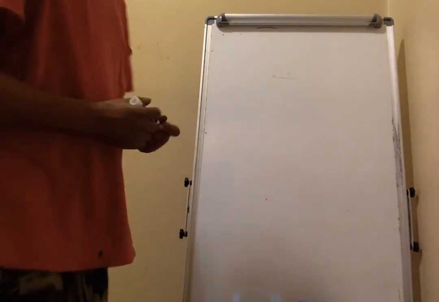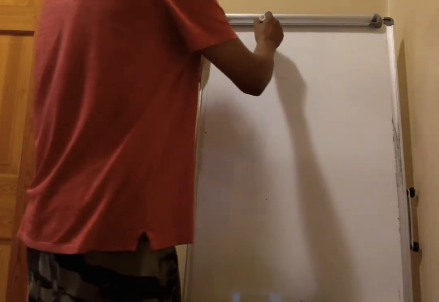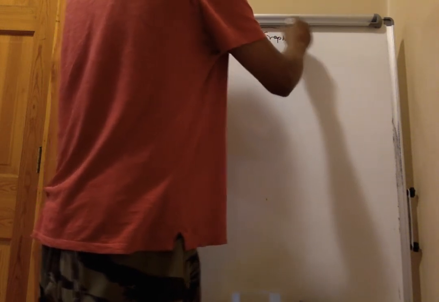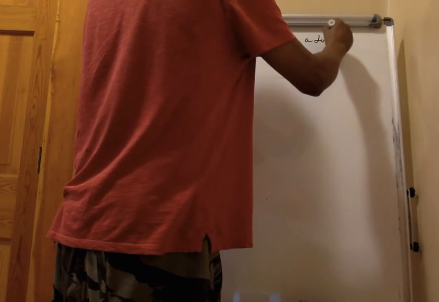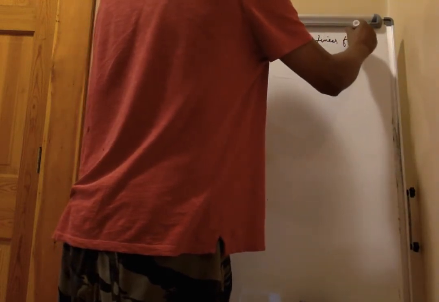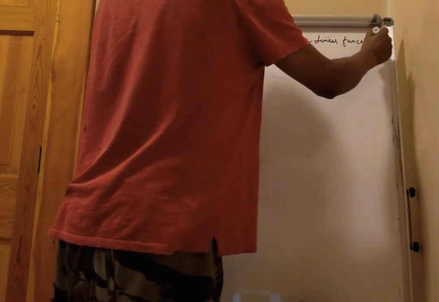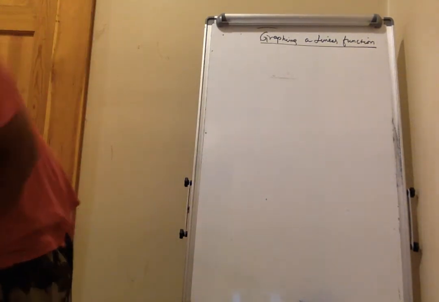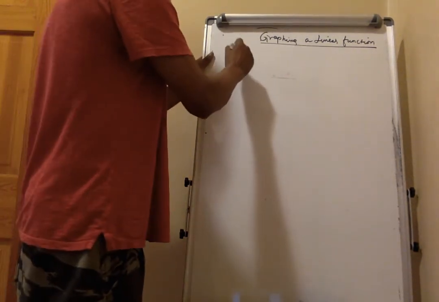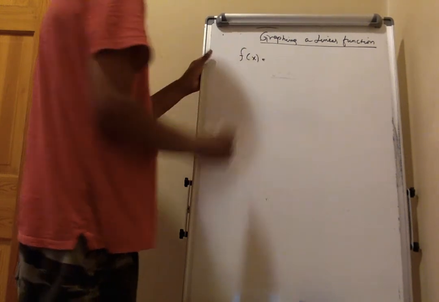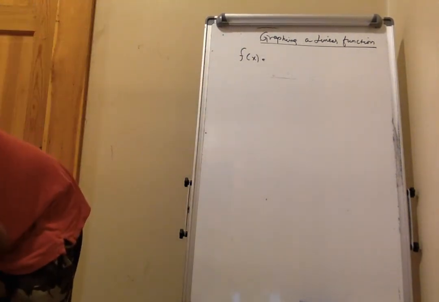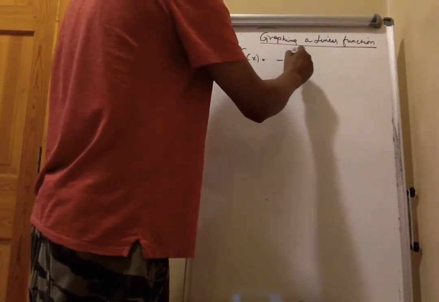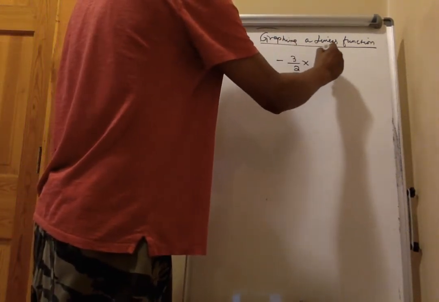Now, how about graphing a linear function? Suppose you have f of x is equal to our earlier exercise, negative 3 over 2 x plus 2.